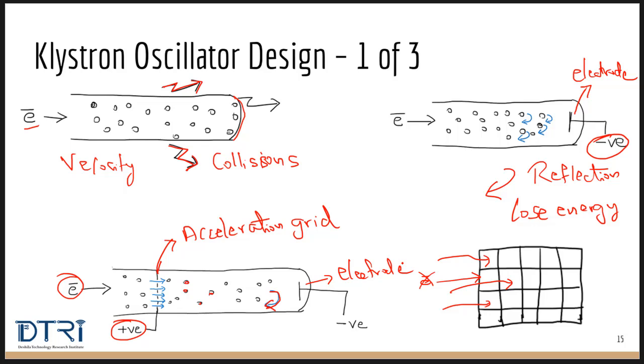And these electrons are again pulled by the acceleration grid or the anode. Again, some electrons pass through this grid and some get absorbed and the energy is dissipated as heat.